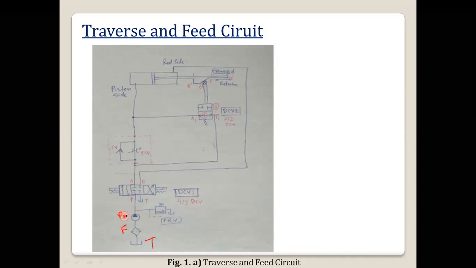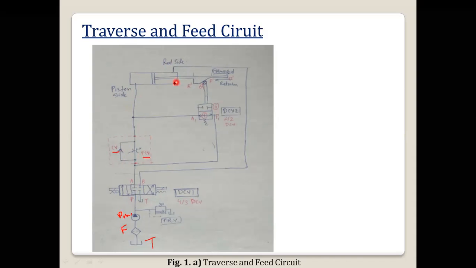Then the pump P, then the pressure relief valve, PRV. Here a 4 by 3 DCV is there, and we have to show the ports P, A, B, T. So 4 ports are there, on the 4 by 3 direction control valve. And here we have the flow control valve with the check valve. FCV is the flow control valve, and CV is the check valve.